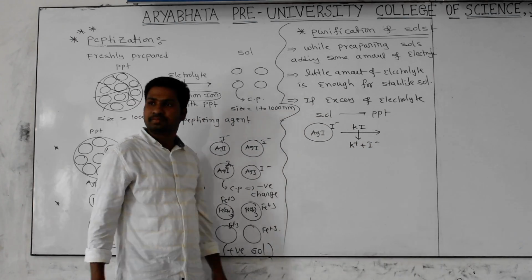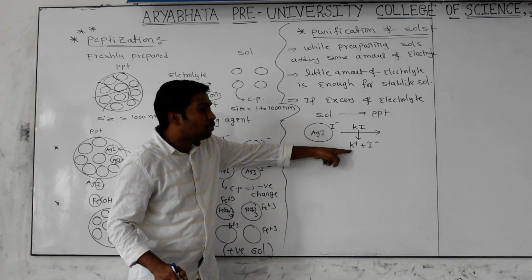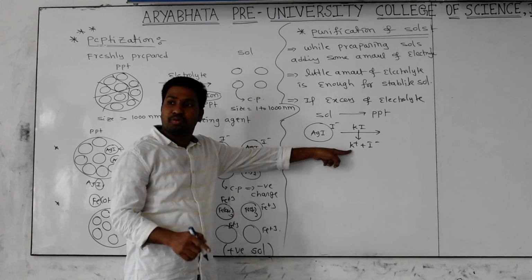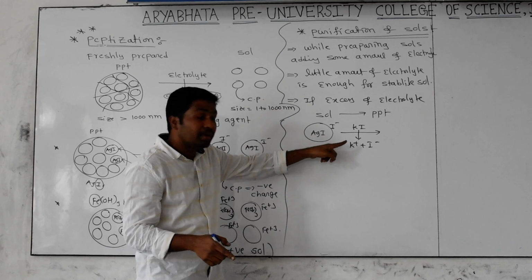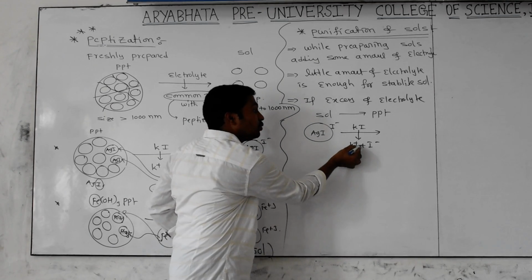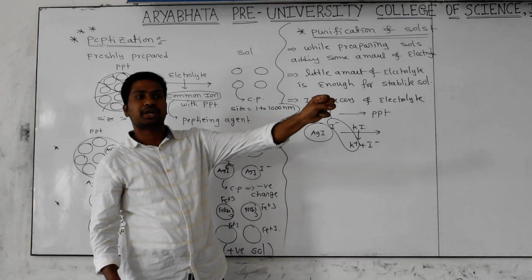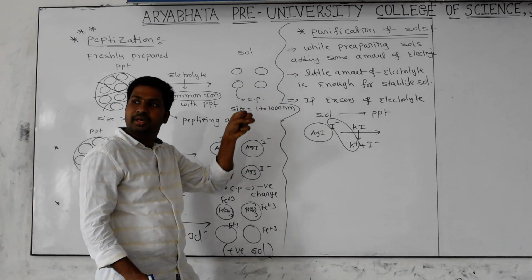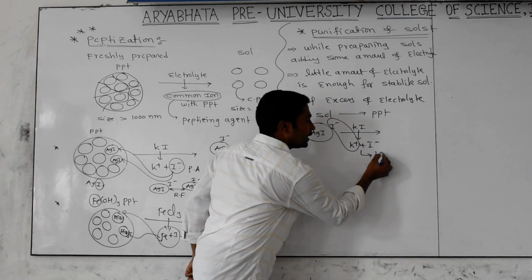In the sol, what is more? K plus particles are more. Whenever positively charged particles are more, what happens? They adsorb negatively charged particles on the surface of the colloidal particle.